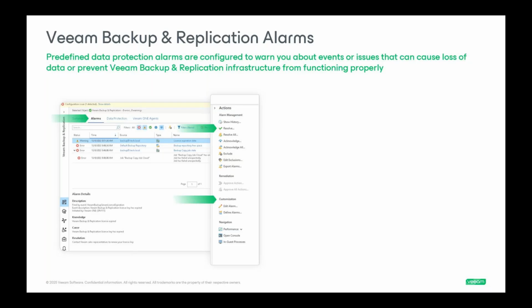If you have multiple people monitoring things and you're the first one in there, put an acknowledged on it so you're not working on the same issue with multiple people. And then exclude, obviously, is just for if you don't want that alarm to report on that particular resource anymore.